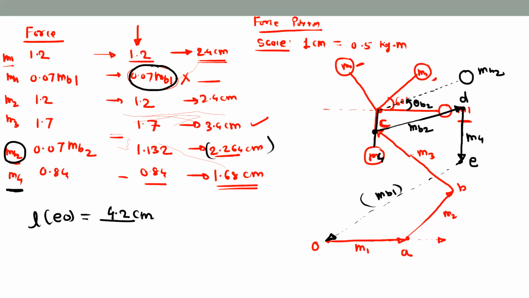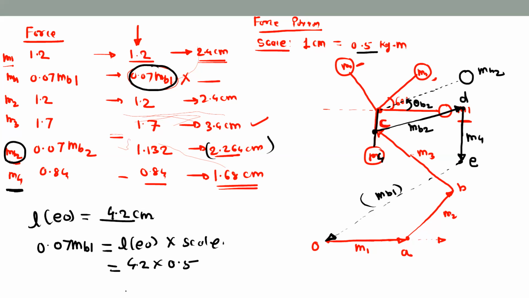Now equate this value: 0.07 MB1 is nothing but this length EO into the scale. So it is 4.2 into 0.5, since 1 centimeter equals 0.5. Then you will get the MB1 value, which is approximately 30 kg.